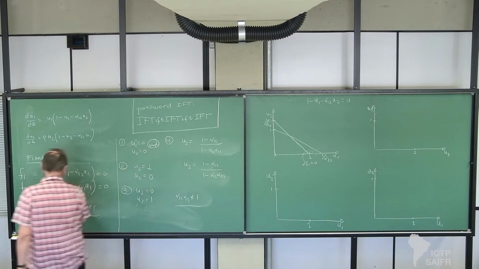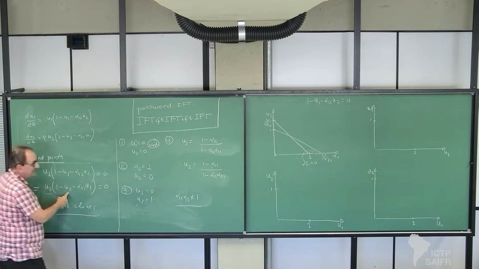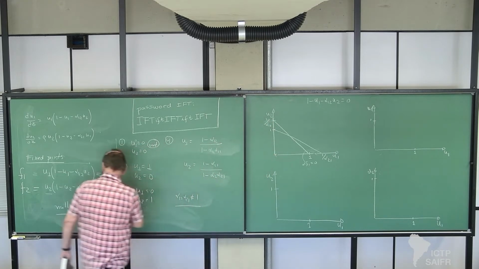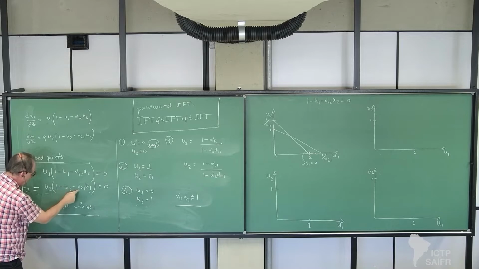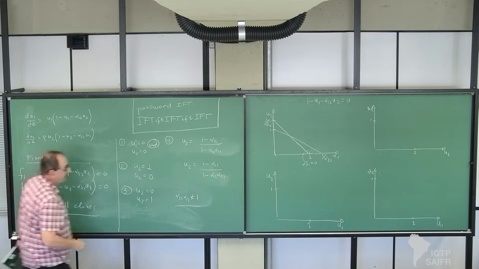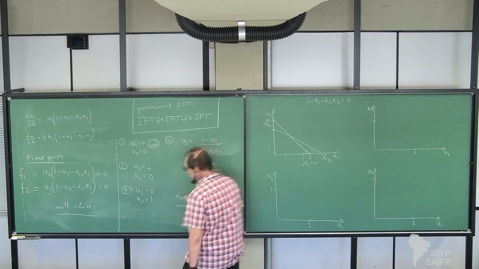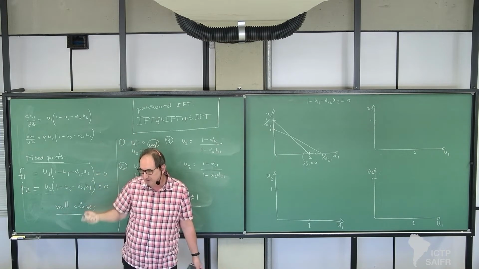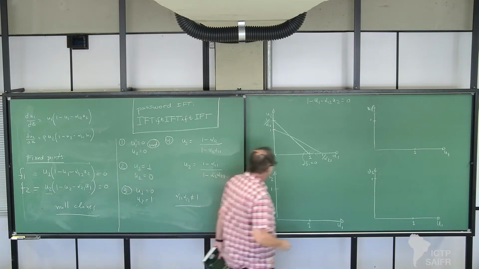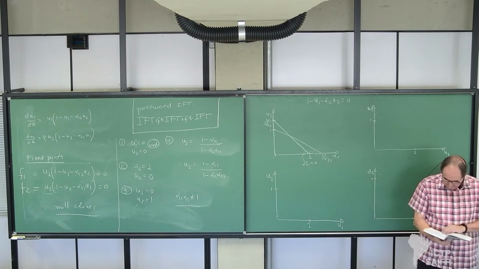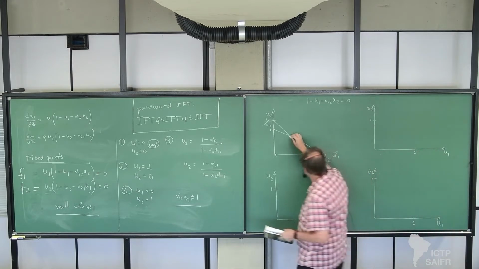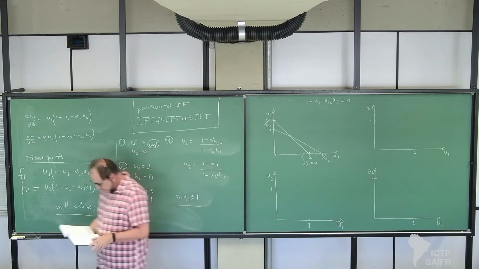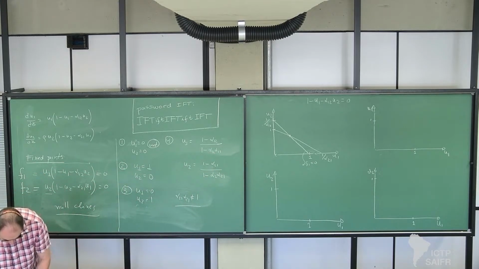If u2 is equal to 0, then u1 has to be 1 over alpha 2,1. And if u1 is equal to 0, then u2 is equal to 1. We have 2 points, and the line between the 2 points, okay? So now, what does it mean? This has an intersection here, okay? And we could try to see what happens here.